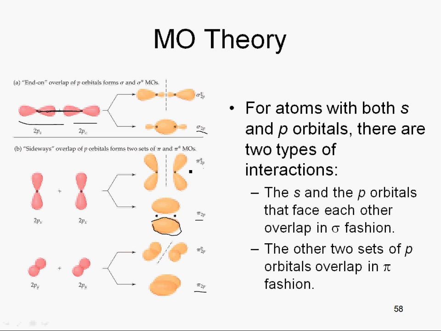And then if these interact destructively, you get pi star 2p orbitals. So this representation is destructive interference of the 2p orbitals.